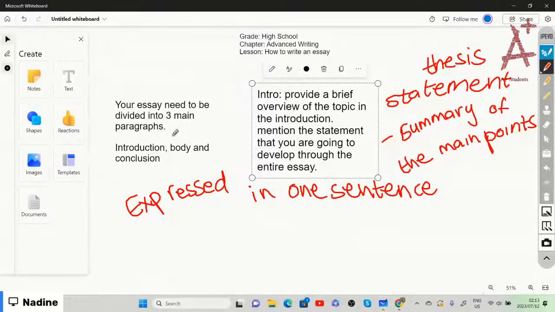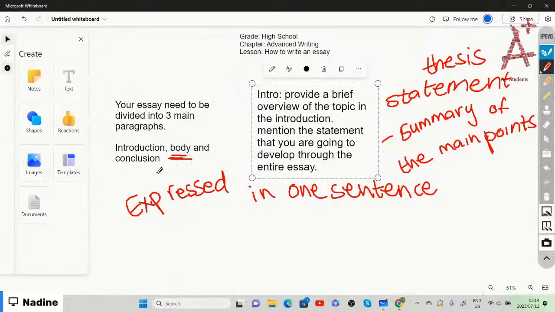Sometimes you can have two paragraphs, you can have one paragraph, or you can have three paragraphs that discuss or expand on the body of your essay. Of course, it depends on what the topic is, the amount of words, and how much your editor or your teacher or the tutor would expect you to express, right?